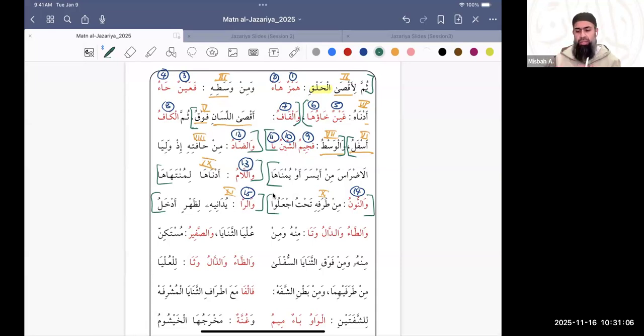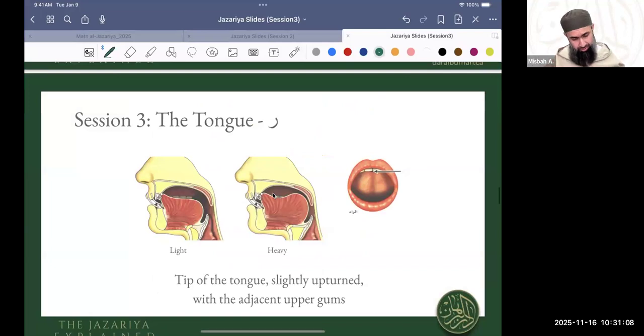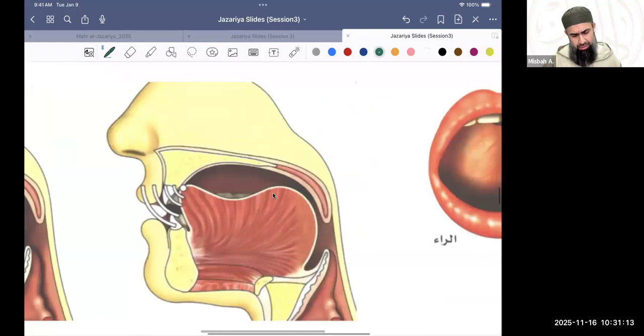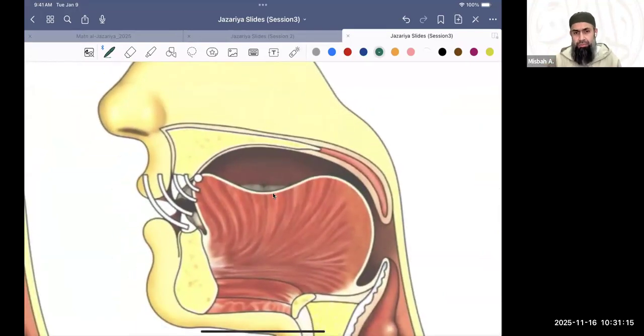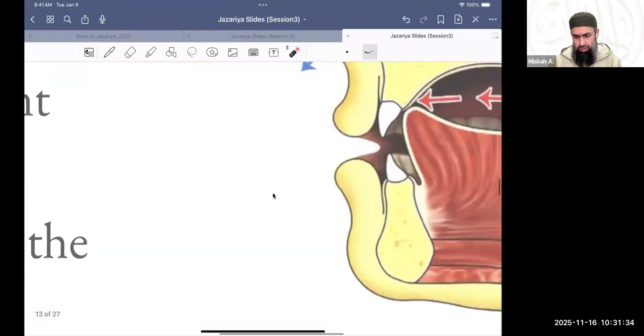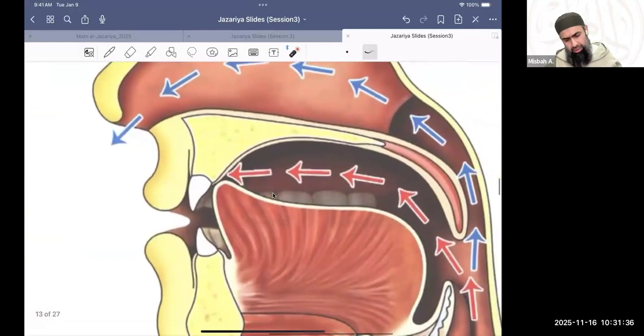If I can demonstrate it, let's demonstrate it here. Look at this. This is the mouth. The ra is produced on the tip. But what's happening is that this portion, a little under portion right here, is also in contact, as opposed to noon, which is more pointed. So let's go back to noon.